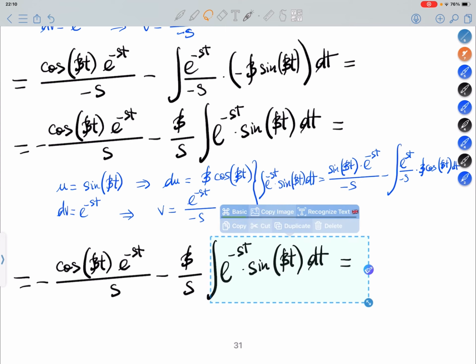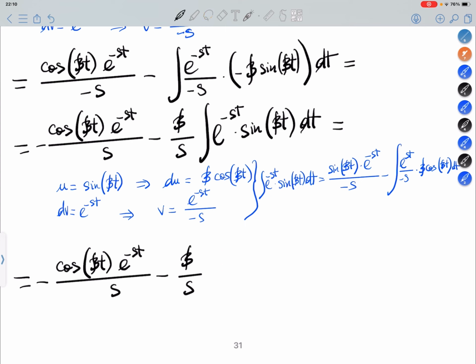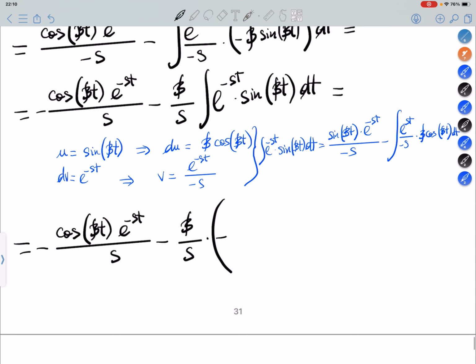So that would be sine of beta t, which we can put up front: sine of beta t e to the power minus st over s.